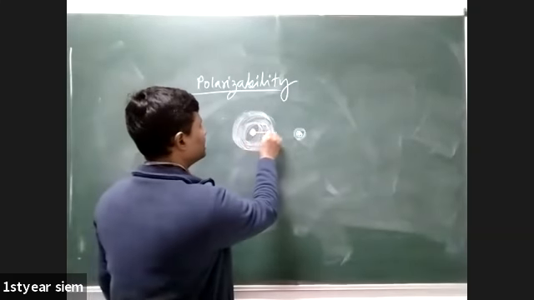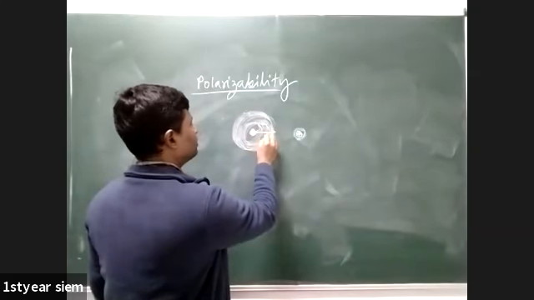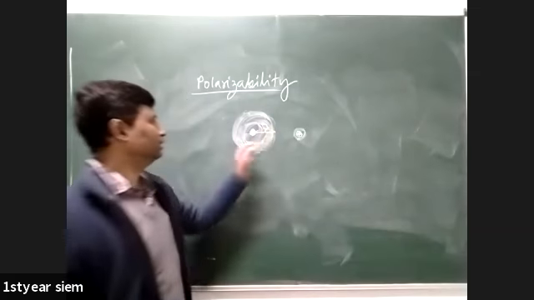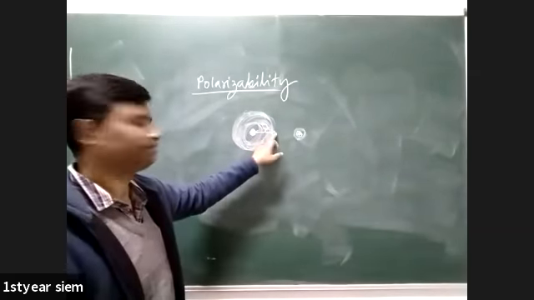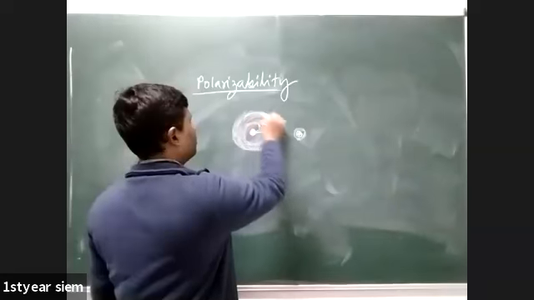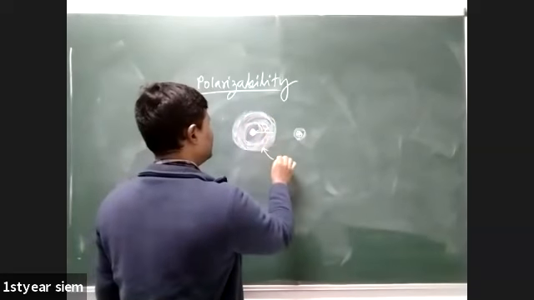The distance between the nucleus and the outermost electrons is large. That is why these electrons are called labile electrons.